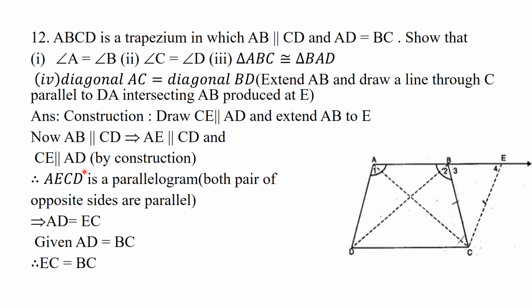AECD is a parallelogram. If it is a parallelogram, we can say opposite sides are equal, which implies AD will be equal to EC. But we are given AD is equal to BC. So, we can write AD is equal to CE, AD equal to BC. Therefore, BC is equal to EC.